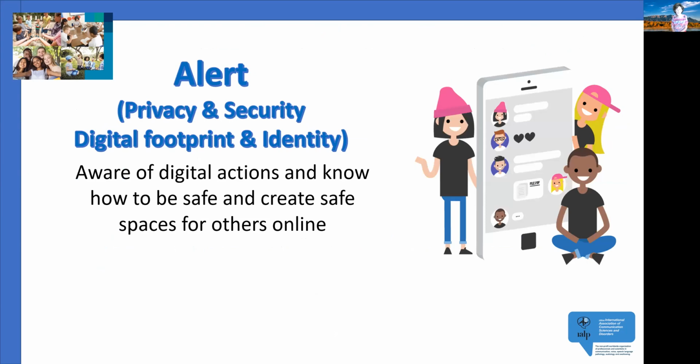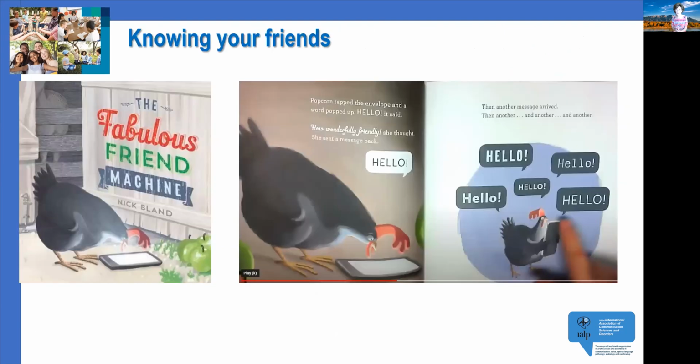Students need to be alert that there are safety issues online. There's a book that introduces this idea to children, that you need to know who you're talking to. Here, Popcorn the chicken finds an iPhone and she pecks at it and she gets a text message, and she pecks some more and she gets more messages.